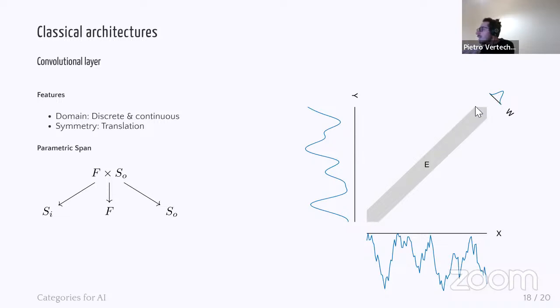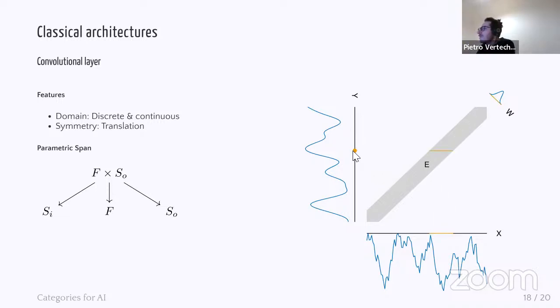And the edges are the pairs X and W that are gonna be connected. Of course, there's some irregularity at the boundary due to padding. We cannot go outside of the domain. And the edges are not only mapped to X and Y, but also to W via these projections.